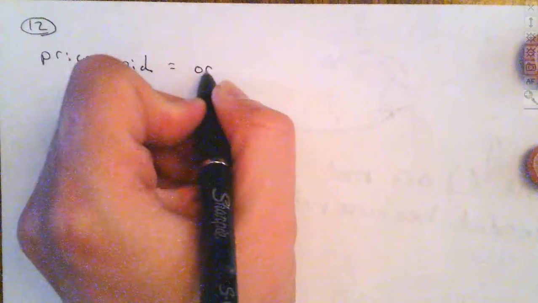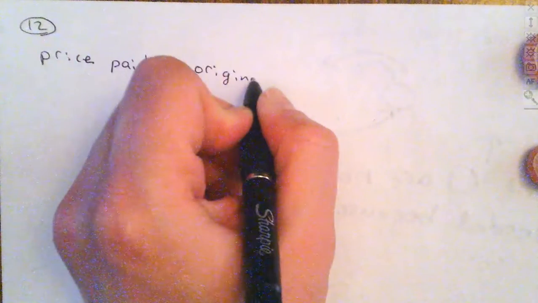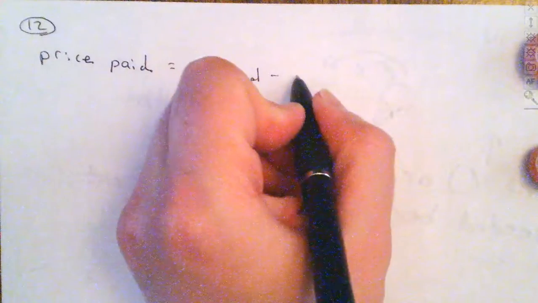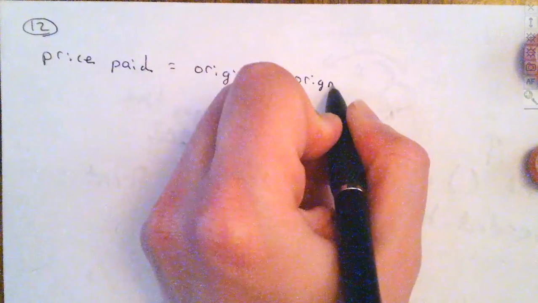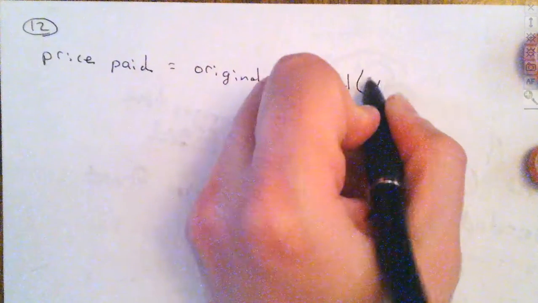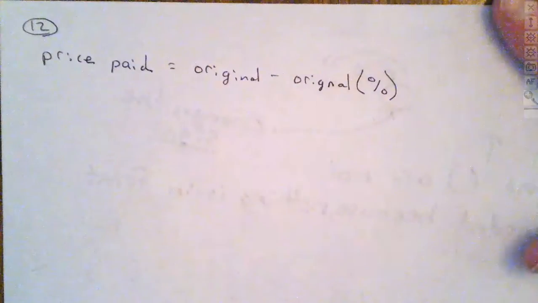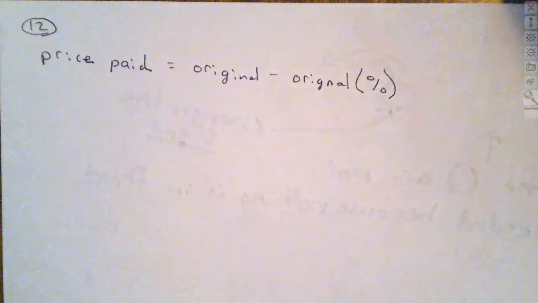So the price that you paid is going to be the original price minus, because it's subtraction, some percentage of that original price. Okay, so we should now be able to build this equation and work it out.